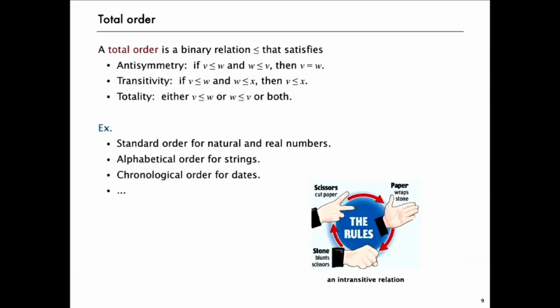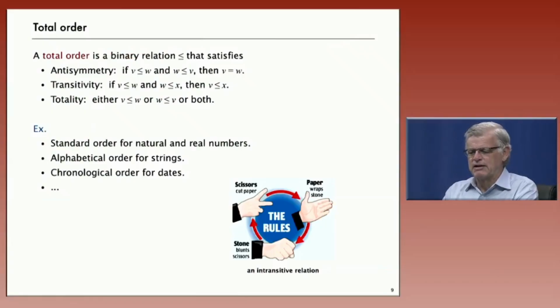First one says that if v is less than or equal to w and w is less than or equal to v, then the only way for that to be true is if they're equal. And then there's transitivity. If v is less than or equal to w, w is less than or equal to x, then v must be less than or equal to x. And totality is that either v is less than or equal to w, or w is less than or equal to v, or both, they're equal.